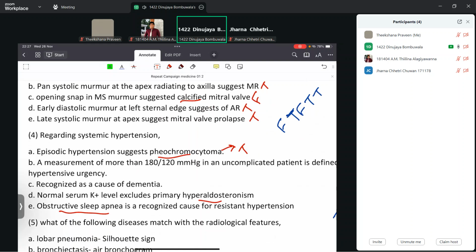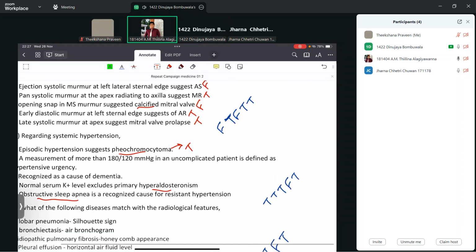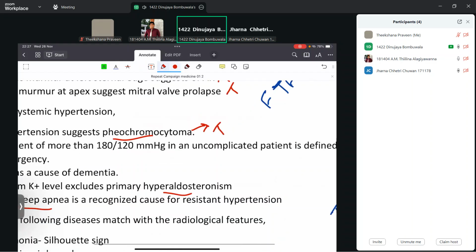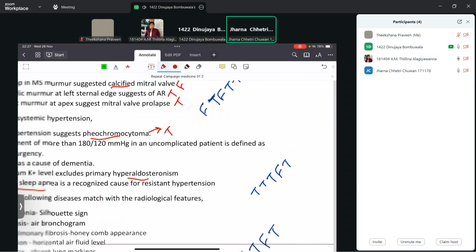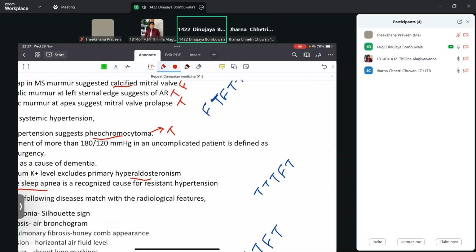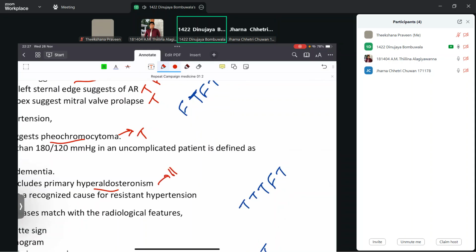In primary hyperaldosteronism, what would be the clinical picture? Can you work it out? Salt and water retention, high blood pressure, hypokalemia. Usually hypokalemia is present, but it is not common.